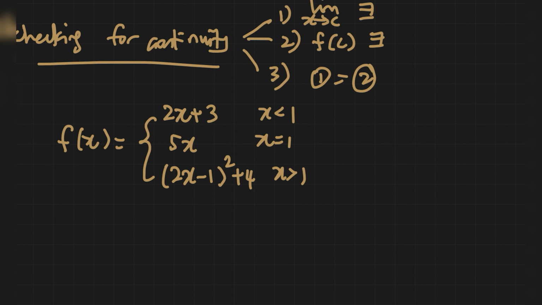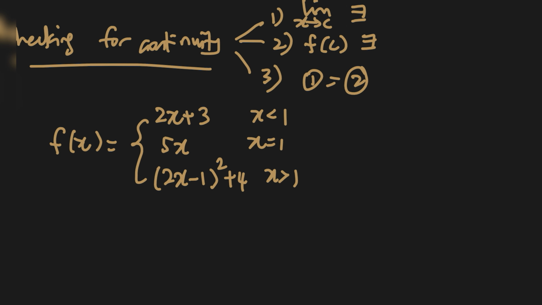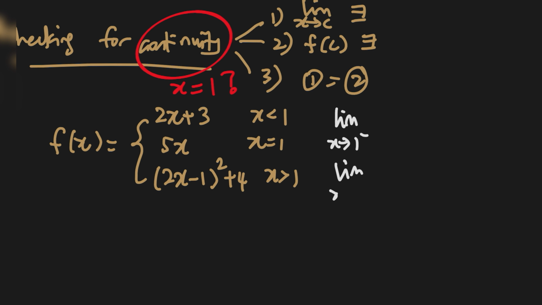Alright, now I would like to check if this function is continuous at x equals 1. Okay, that is my question. So what did I say the first part? We need to check whether the limit exists or not, right? So we're going to find the limit when x approaches 1 from the left side and when x approaches 1 from the right side.